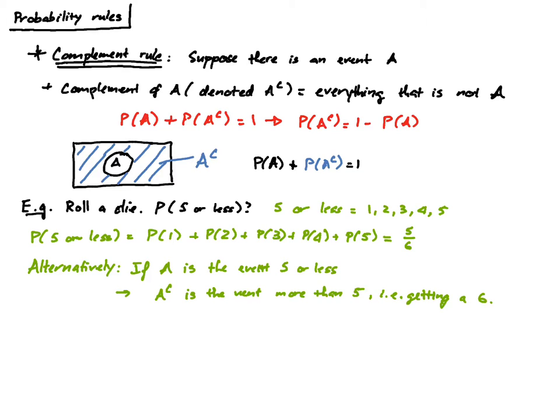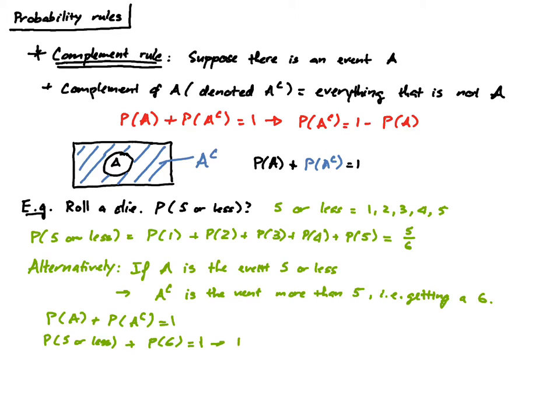So now we know that the probability of A plus the probability of the complement of A is equal to 1. And that's from the complement rule from above, which means that the probability of 5 or less plus the probability of getting a 6 is equal to 1.